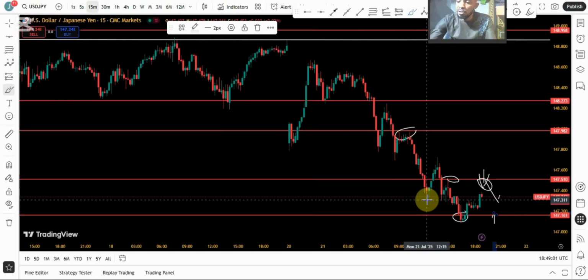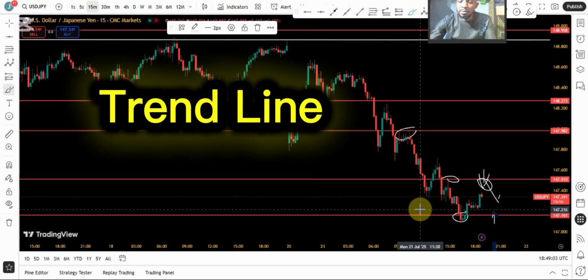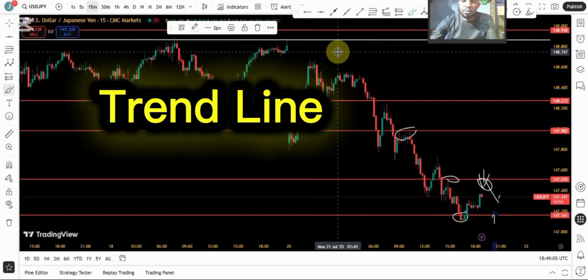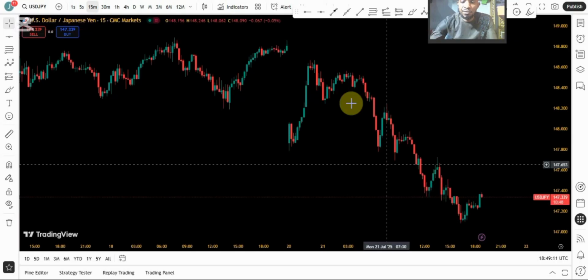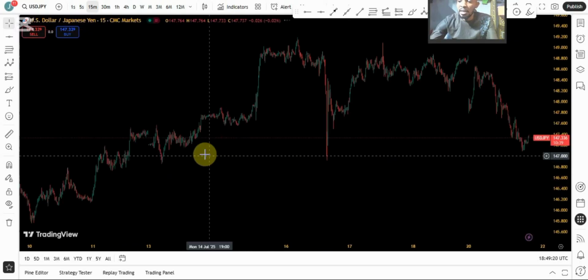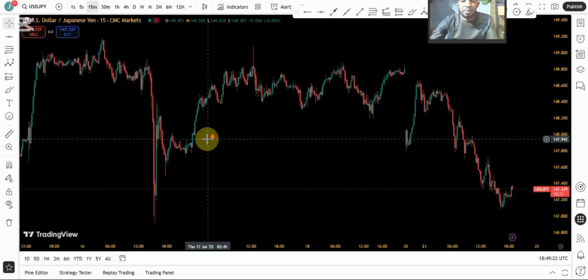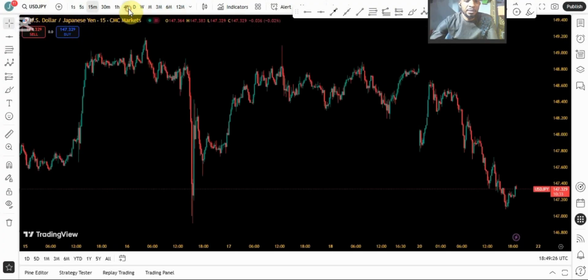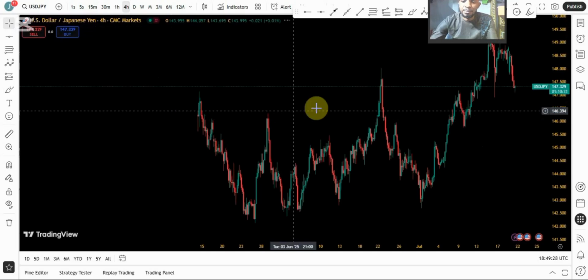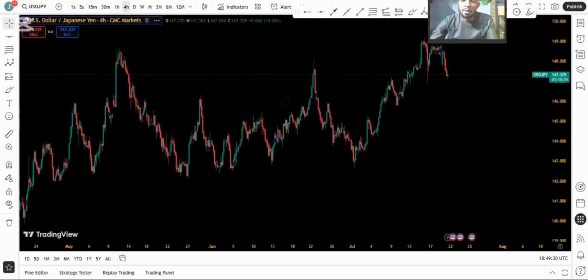Let me also talk about trend lines. For me to handle trend lines, I have to clear my chart, so I'm going to remove all the drawings from my chart. It is almost the same process that I did in support and resistance, but the difference here is that I'm going to start from the 4 hours time frame. Let me shift this.